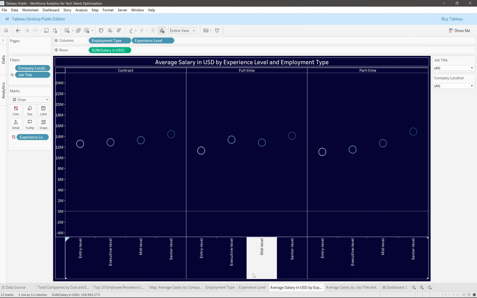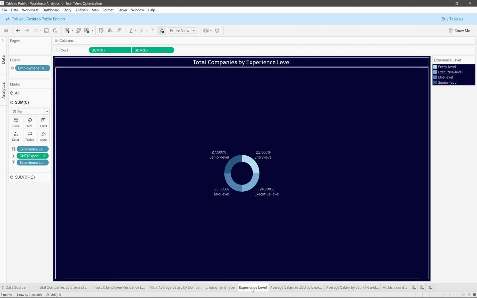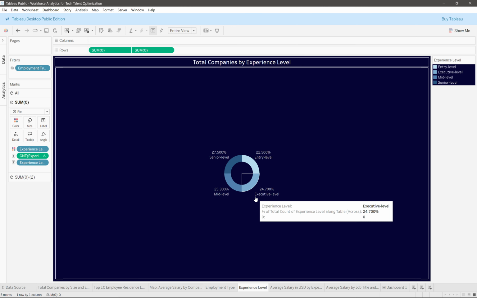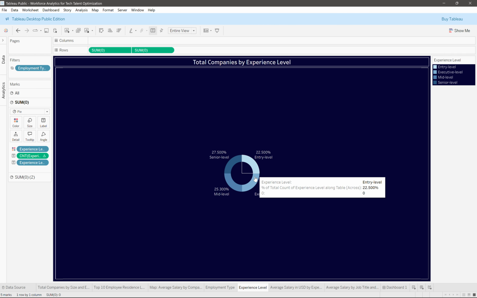Let's dive into our next chart, the experience level workforce composition. This chart tells us how companies stack their workforce across junior, mid, senior, and lead roles. Healthy organizations tend to show a pyramid shape: fewer juniors at the bottom, mainly mid-level in the middle, and fewer seniors on top.